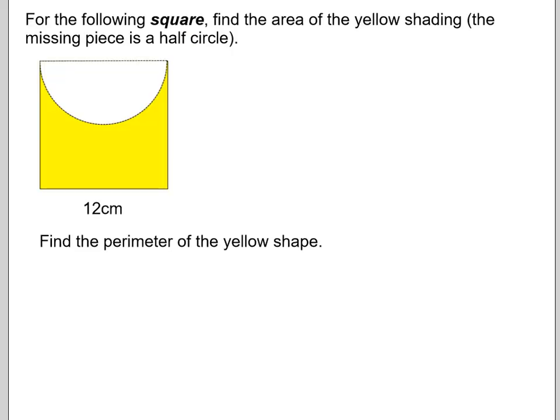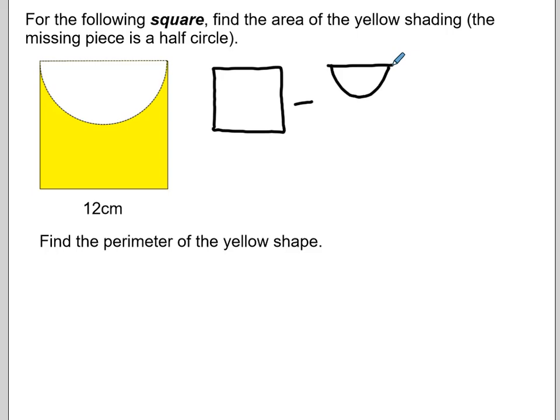That's important. Okay, so here's a weird looking shape. For the following square, that's important, find the area of the yellow shading. The missing piece is half a circle. Okay, so if we were to look at this picture, I would probably draw this as a square minus half a circle. Okay, so that's in my mind what I'm going to try and do.